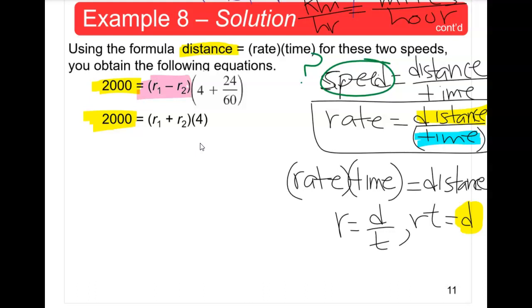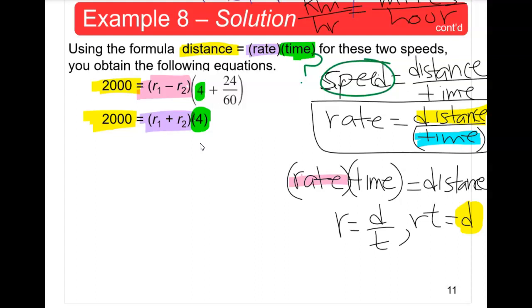So for rate against the wind, and then here I have with the wind. So for rate. And what we need is the time. And so the time is going to be with the wind, it was 4 hours only, and against the wind, or headwind, it was 4 hours plus 24 minutes.